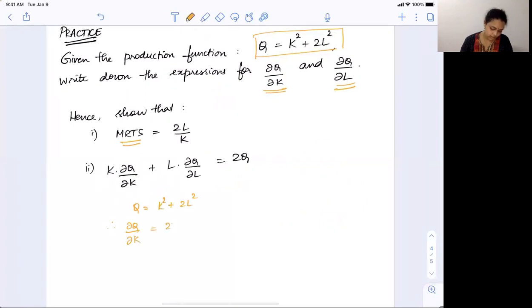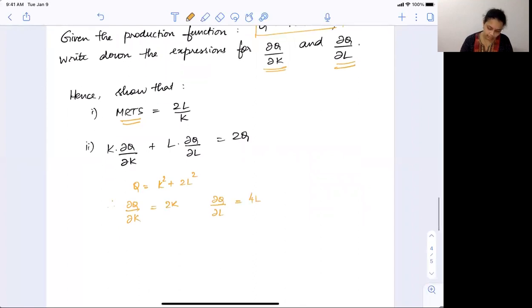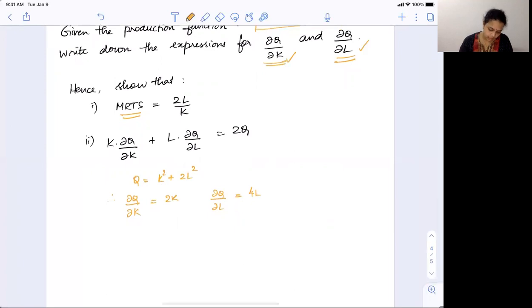It's just 2K. dQ by dL is 4L. Now we've found these two. If you want to show MRTS, let's compute MRTS, which is the left-hand side. MRTS is just MPL by MPK, which is just 4L by 2K. So it is just 2L by K, which happens to be the RHS. So proved.